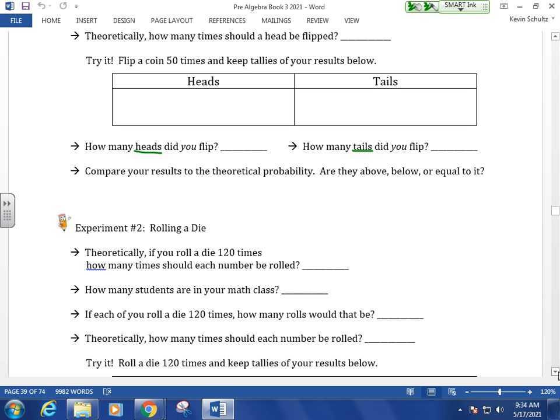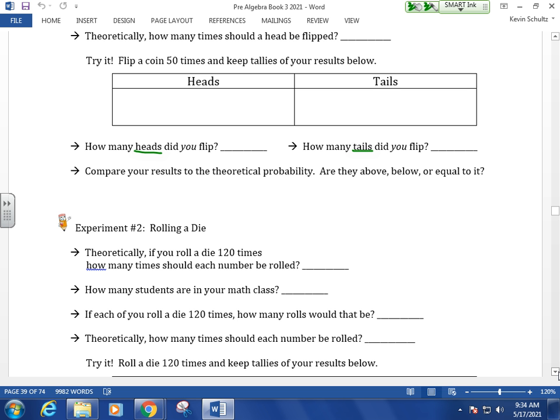I can see why we are still flipping. How many heads did you flip and how many tails did you flip? And then compare your results to the theoretical probability. Remember, we said that in theory, you should get 25 heads and 25 tails. How many people, just by show of hands, actually got 25 heads and 25 tails?